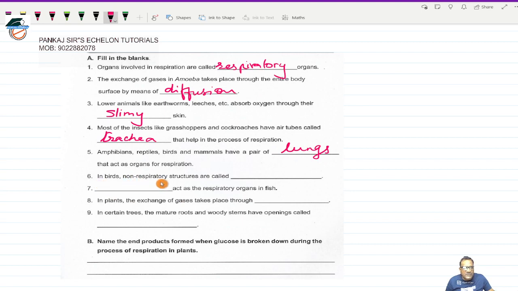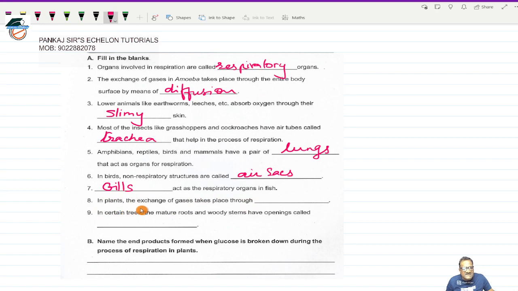In birds, there are some non-respiratory structures which are called air sacs. Gills act as the respiratory organ in fish.